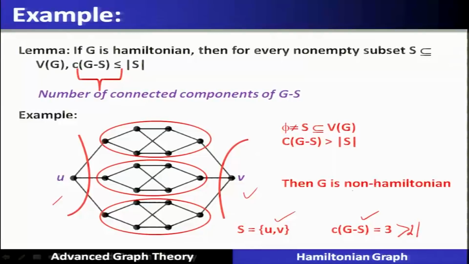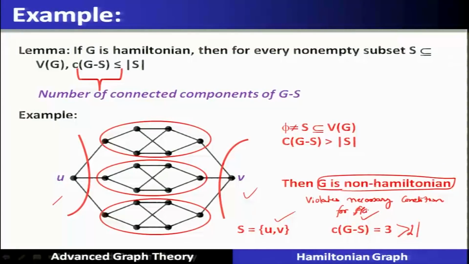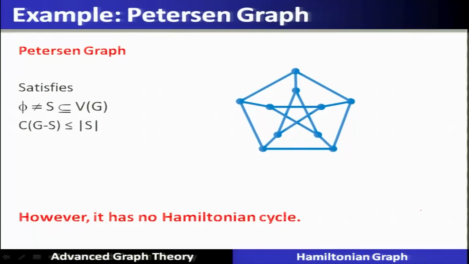Hence this is non-Hamiltonian. Why? Because here it violates the necessary condition for a Hamiltonian cycle to be present. Hence the graph is non-Hamiltonian.